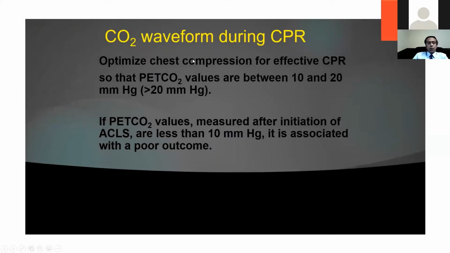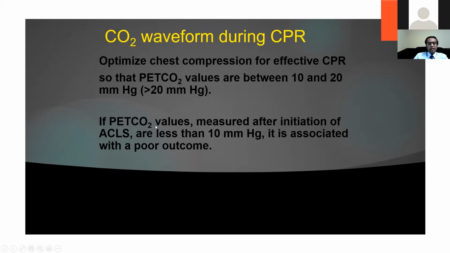Now, if you do good chest compressions and produce an effective CPR, generating about 2 liters of cardiac output, the end-tidal CO2 should be around 10 to 20 millimeters of mercury or even greater than 20 millimeters of mercury.